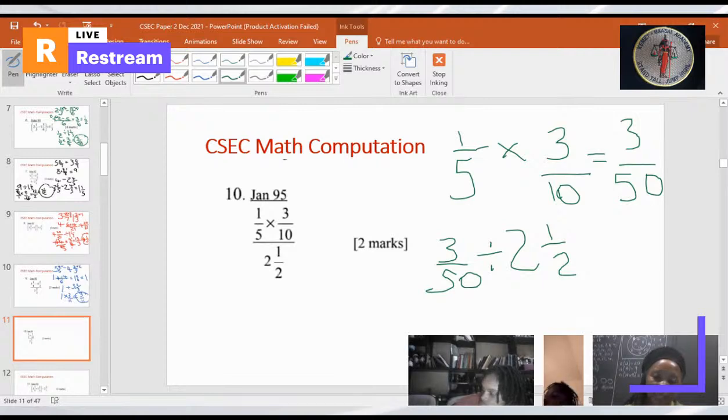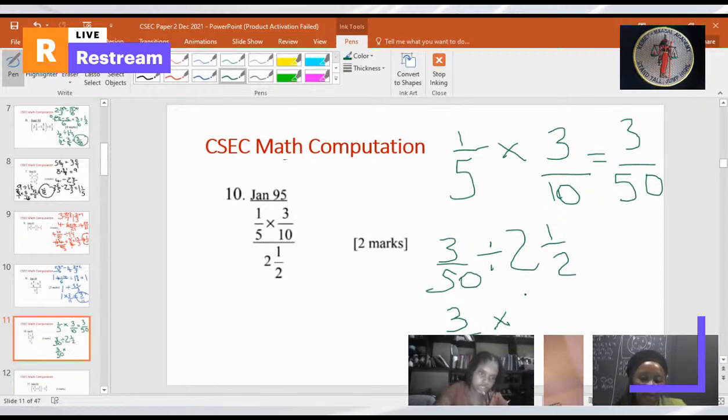So what's next? We're going to change the division to multiplication and write back the 3 over 50. We're going to change the 2.5 into an improper fraction, and then flip it. So 2 twos are 4 and 1 is 5 over 2.